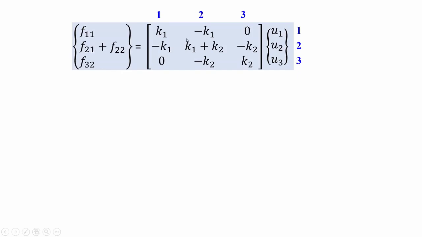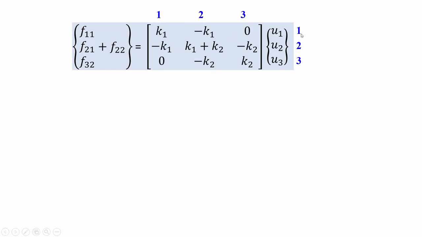The global stiffness matrix will be K1 minus K1 0, then minus K1, K1 plus K2, minus K2, and the third row 0 minus K2 K2. While writing this global stiffness matrix, you have to take the combination for column number 1 and row number 1.